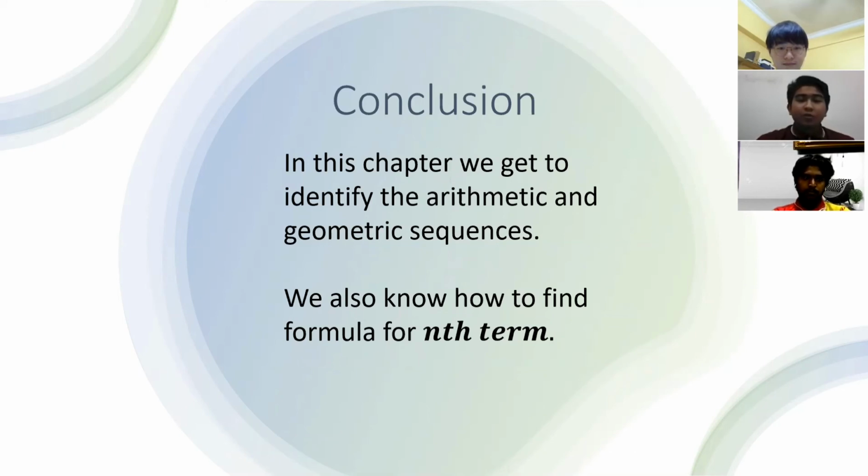All right, for the conclusion, we can say that in this chapter, we get to identify the arithmetic and the geometric sequences. And we also know how to find the formula for the nth term. The arithmetic sequence, sometimes called an arithmetic progression, is a sequence of numbers in which each consecutive term has a common difference.